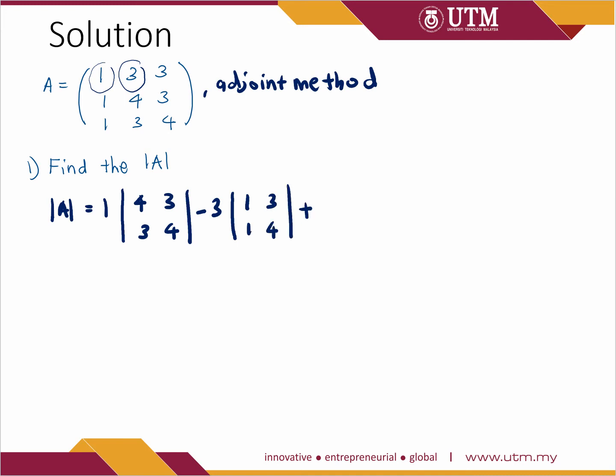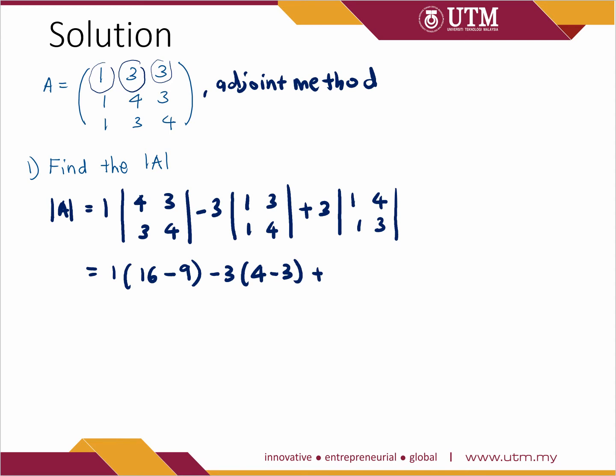Plus with the third element, third column first row. So this will be plus 3 times the determinant of matrix 1, 4, 1, 3. So here the determinant of A will be 1 times 4 times 4, which is 16, minus 3 times 3, which is 9, minus 3 times 4 minus 3, plus 3 times 3 minus 4.